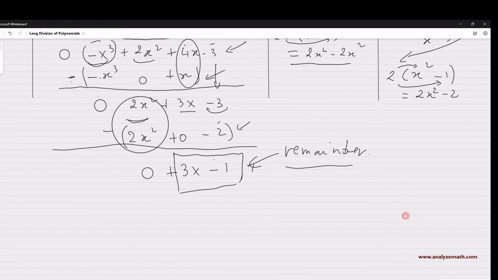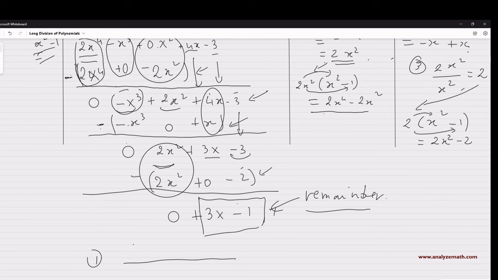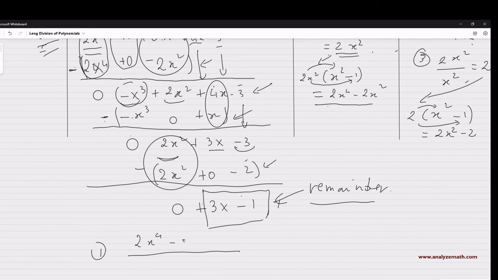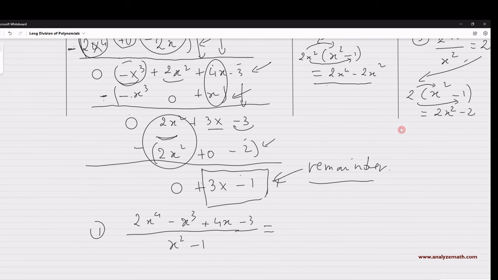Okay, now how do we write the division? There are two ways to write the division. The first one is to write 2x^4 minus x^3 plus 4x minus 3 divided by the divisor, x^2 minus 1, is equal to the quotient. The quotient is 2x^2 minus x plus 2.